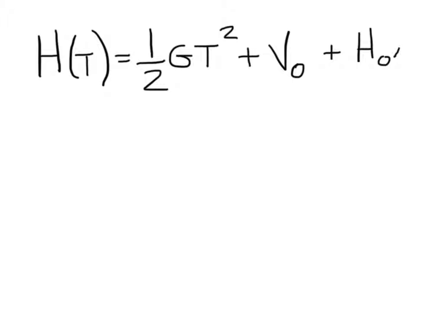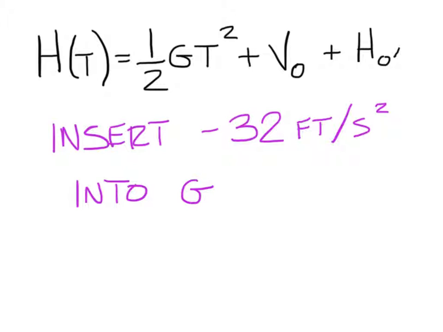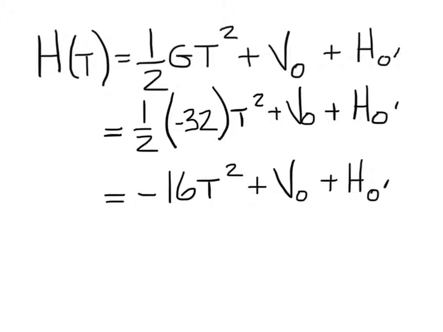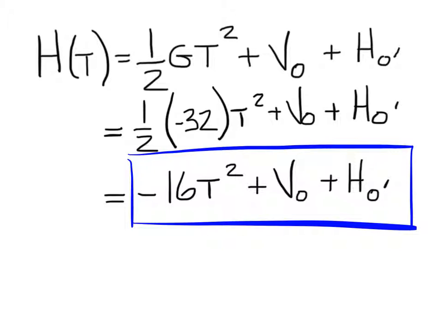If your problem is in terms of feet, then so must your equation be as well. So here's the general form we already wrote down. But you have to insert a negative 32 for G if your problem is in terms of feet. So there's your negative 32 going in. Multiply it by a half to get a negative 16. So this is the function you want to use if the problem you are given is in terms of feet.